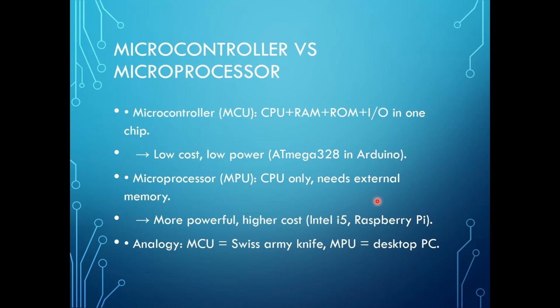They need external memory and input output chips as well. It's more powerful but higher in cost, like the Intel i5. So a microcontroller is like a Swiss army knife, everything built in. You will get everything on a single thing, while an MPU is like a high-end desktop computer that requires accessories.